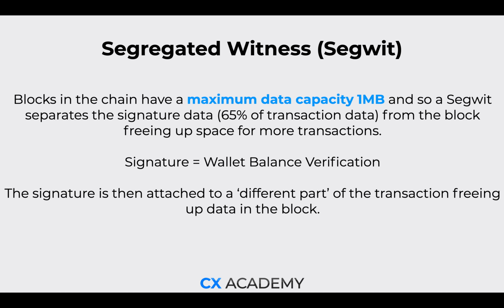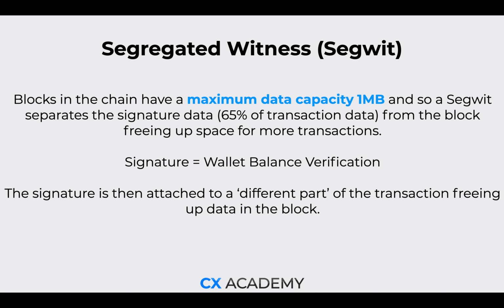So then, in terms of combating some of this TPS, there was an improvement to Bitcoin made called the segregated witness, or the Segwit. I'll just read the slide quickly. Blocks in the chain have a maximum data capacity of 1 megabyte.